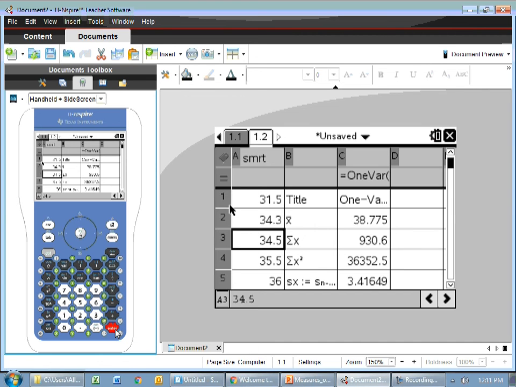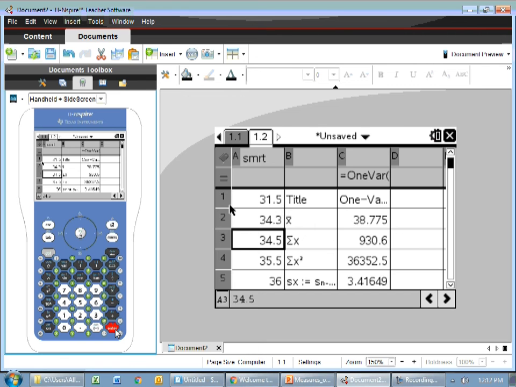Your calculator, of course, does not know whether you are dealing with a population or a sample. In this particular case, what are we dealing with? Sample. And so this mean would be appropriate for that.